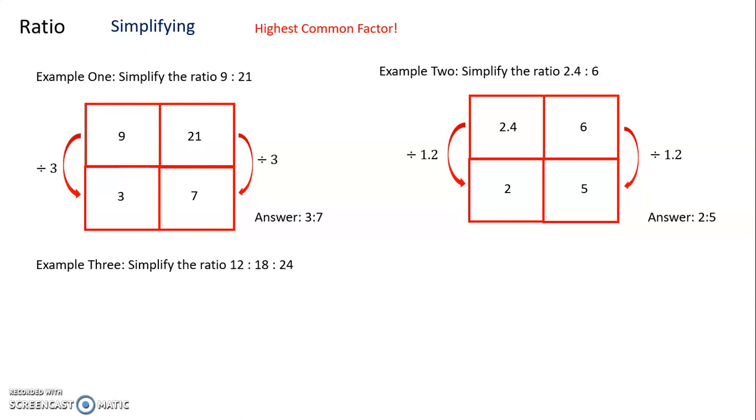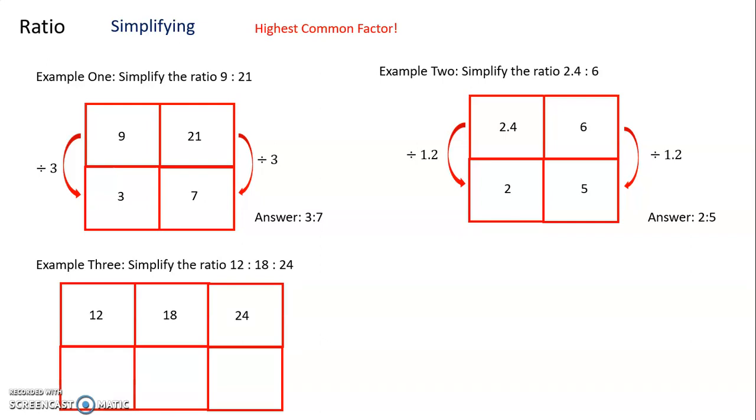Next example, you might need to work with 3-part ratios. So here I've got a 3-part ratio, 12 to 18 to 24. There are 3 parts to it, but the principle is exactly the same. So I'm drawing now a slightly bigger proportion box with the ratio along the top. And again, I am looking for my highest common factor.